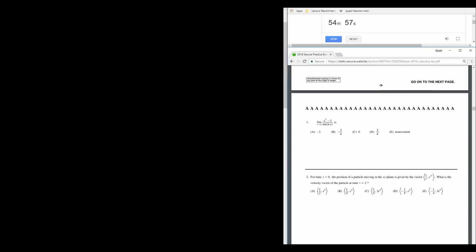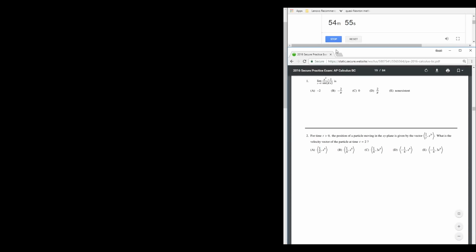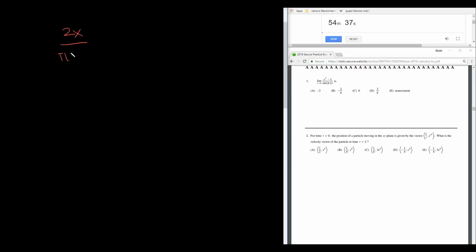Okay. First, the limit of x squared minus 1 divided by the sine of pi x as x approaches 1. Well, as x approaches 1, both the top and the bottom here are going to 0, so we need to apply L'Hopital's rule. So we get the top derivative, 2x, divided by the bottom derivative, pi cosine of pi x.